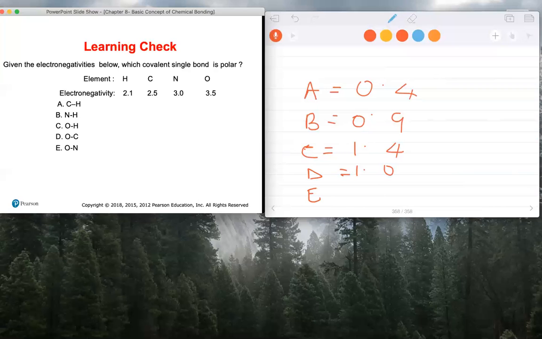And then E, nitrogen and oxygen, so this is 0.5. What I'm doing here is finding the change in electronegativity values. The question now is, given the electronegativities below, which covalent bond is most polar?